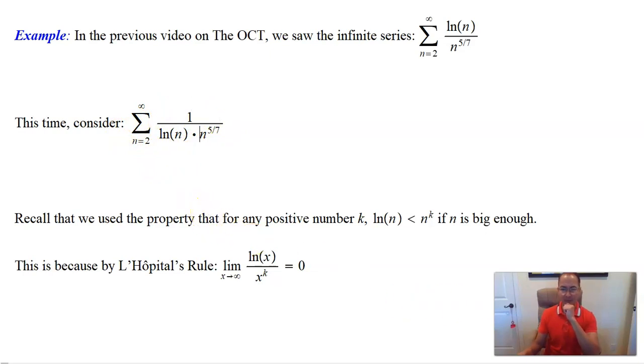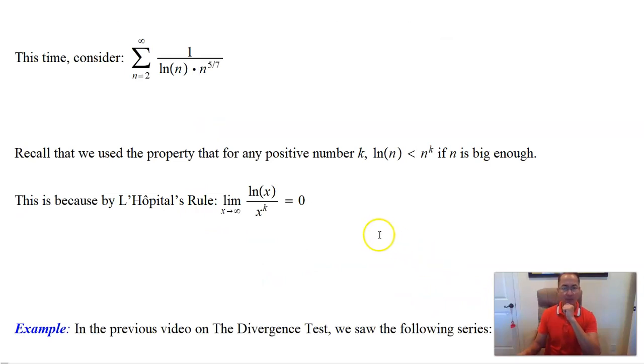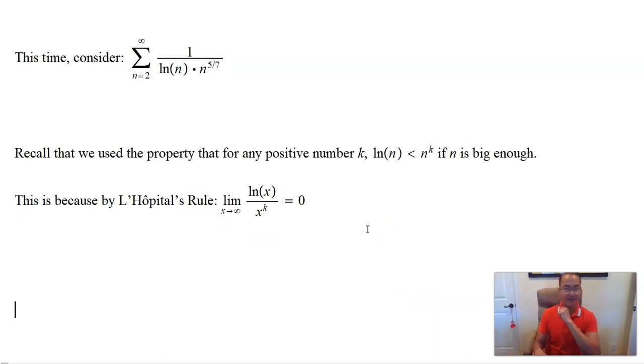Okay, so what are we going to need to help us? That's for later. Well, we know that if we ignore the ln of n, hide it, we get a divergent p-series. 5 over 7 is smaller than 1, so that p-series diverges.